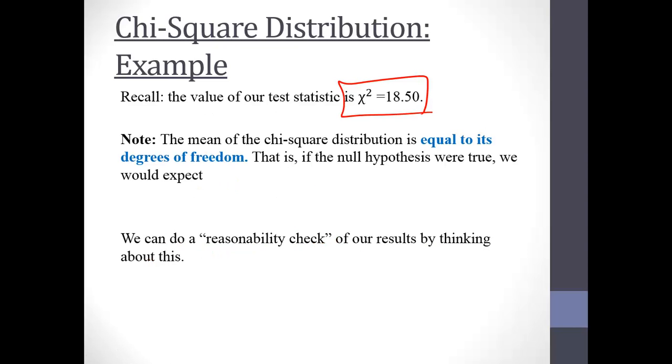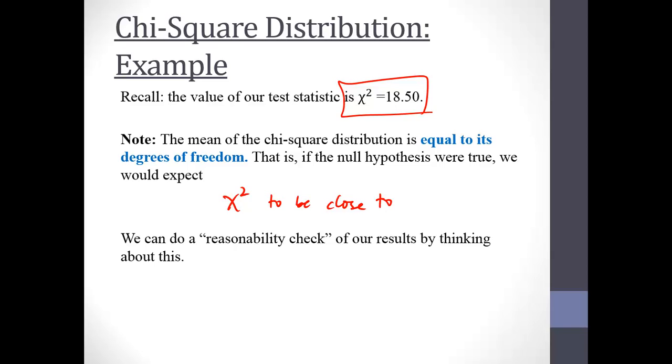So what that means is that if the null hypothesis were true, what would we expect chi-squared to be close to? Anybody have an idea? If the null hypothesis is true, what would we expect our test statistic to be close to? The degrees of freedom, right.